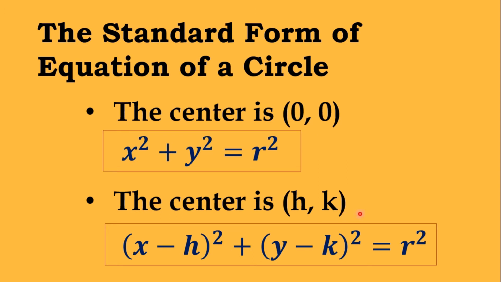The second equation is the quantity (x minus h) squared plus the quantity (y minus k) squared equals r squared. Take note in here that x is subtracted by h and y is subtracted by k.